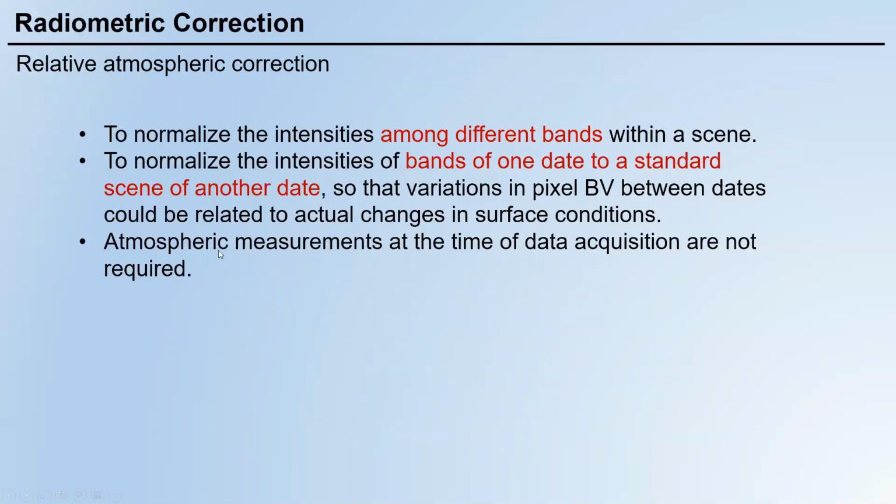Atmospheric measurements at the time of data acquisition are not required because it's relative. If you require atmospheric measurements at the time of data acquisition, you're talking about absolute atmospheric correction.